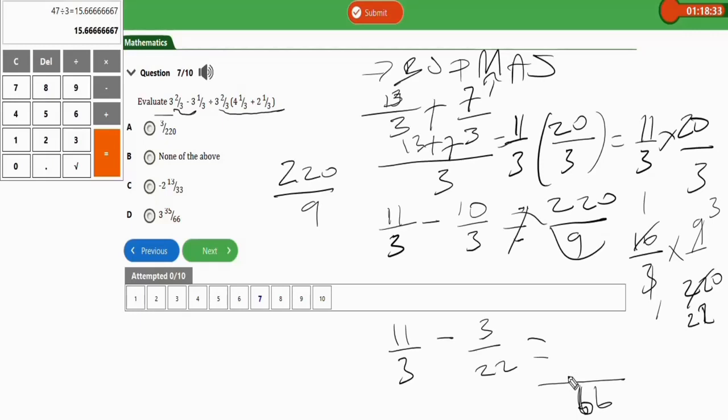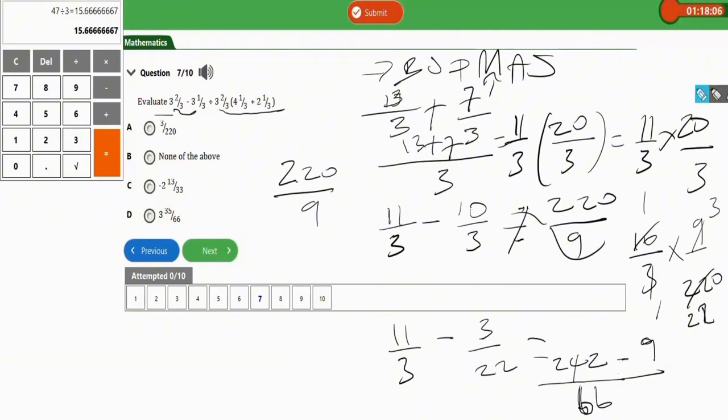Alright, so it will be 22 times 11 will give us 242. Minus, you now have 22 into 66. 66 divided by 22 gives you 3, times 3 will give you 9.